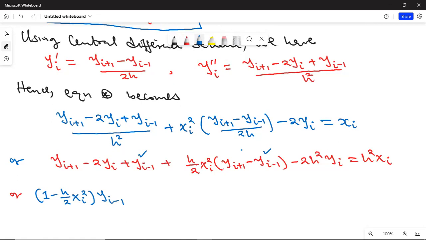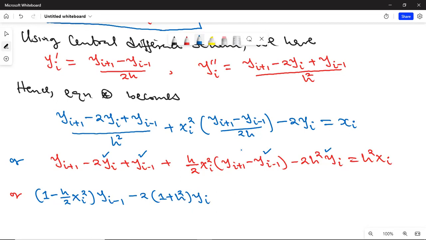Then I now need the coefficients of yi. Here we have negative 2, and here we have negative 2h squared. So that's the same as negative 2 into 1 plus h squared, yi.